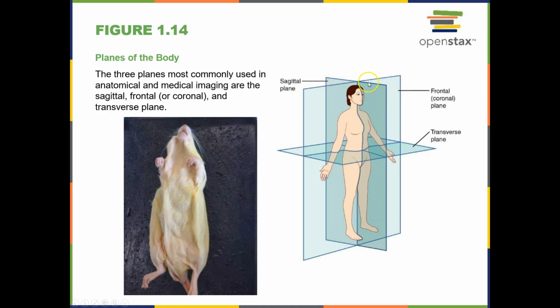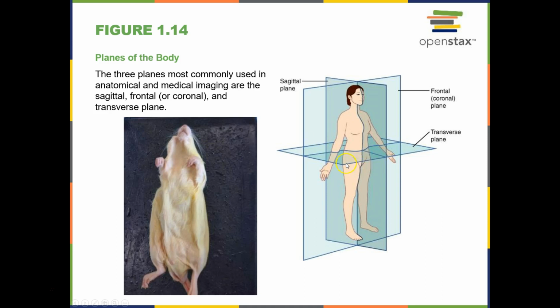The coronal section, right up here, cuts the body into anterior and posterior portions. So you can see here, with the coronal section, she would have half of her head, half of the brain, maybe the ears on the posterior aspect, and then the eyes and nose on the anterior aspect. Okay.